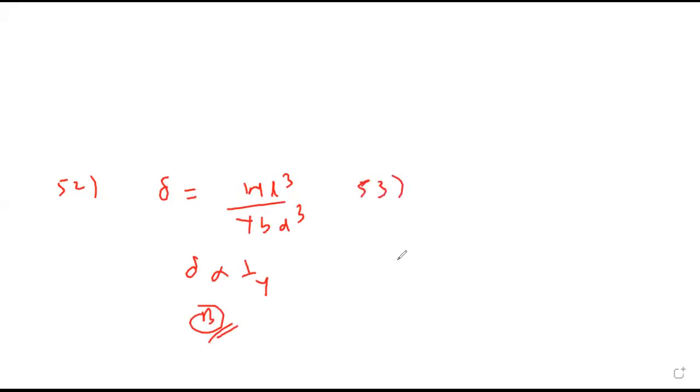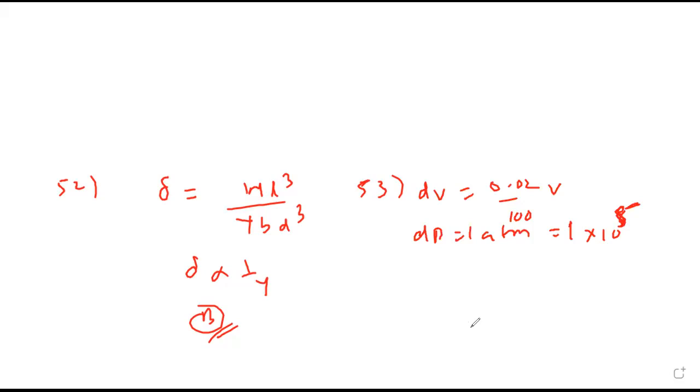53. A spherical shell contracts in volume by 0.02% of original volume when subjected to pressure of 1 atmosphere. Assume that 1 atmosphere is 10 raised to 8. It should be 10 raised to 5, I think there is a misprint. We are taking 10 raised to 5, it can't be 8.